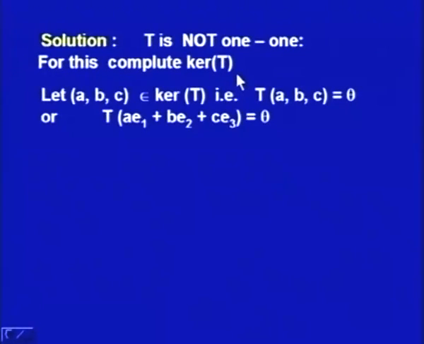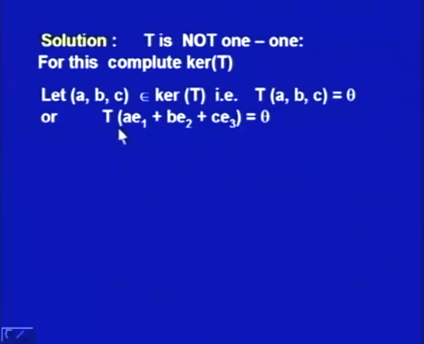We will see that the kernel of T has some member (A, B, C) which is not 0, but still T of (A, B, C) is theta. So let us assume that (A, B, C) is a non-zero vector belonging to kernel T and T of (A, B, C) is theta.